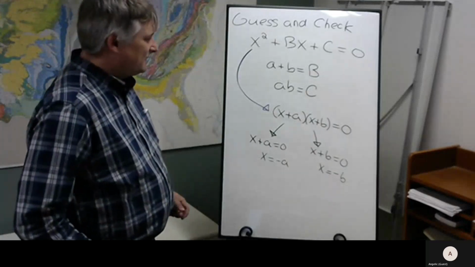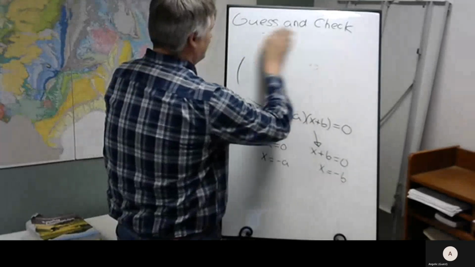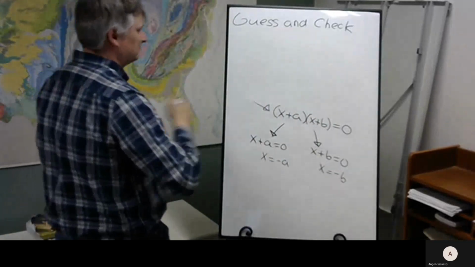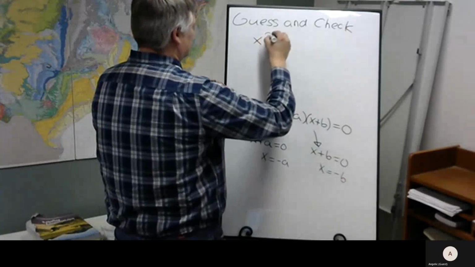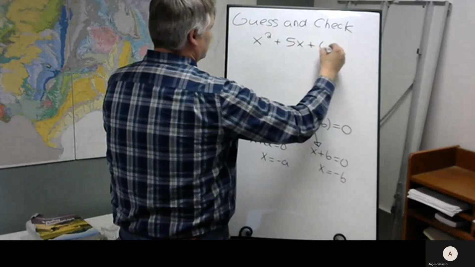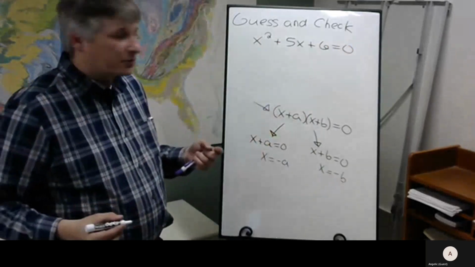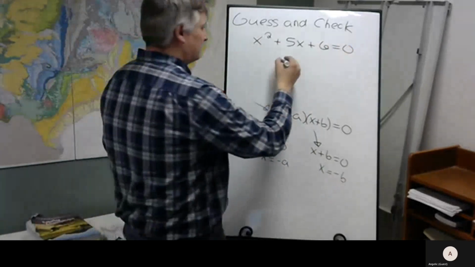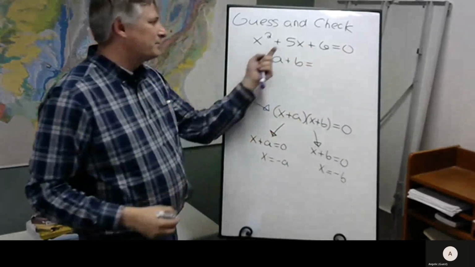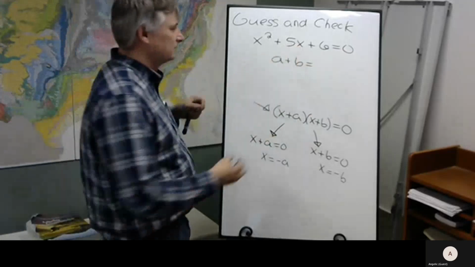So let's say we have something like this. What we want are two numbers, a and b, that add up to the number that's on the variable that's not squared.